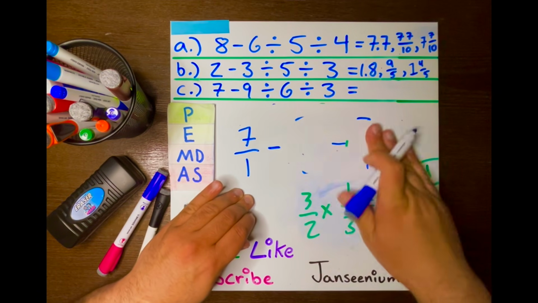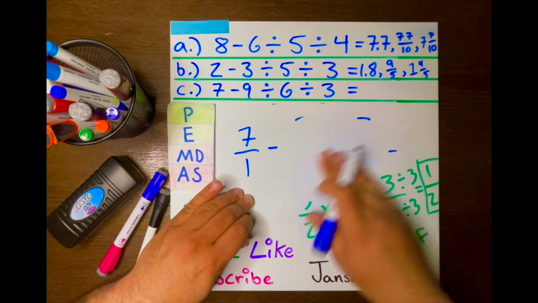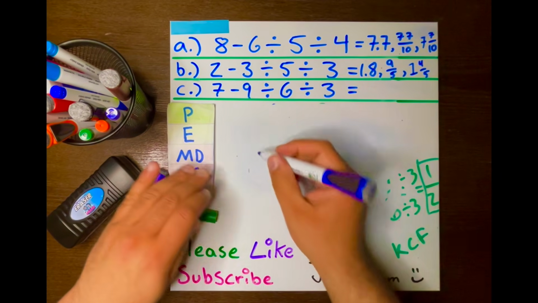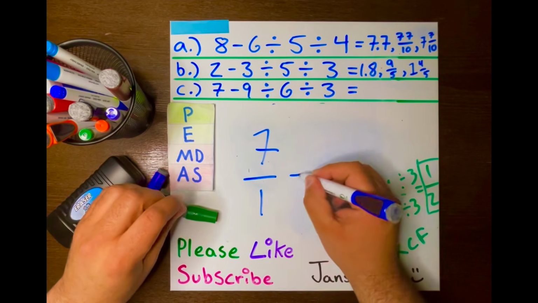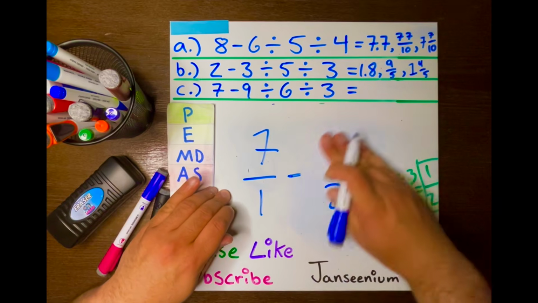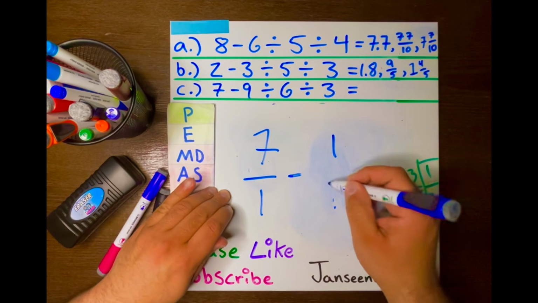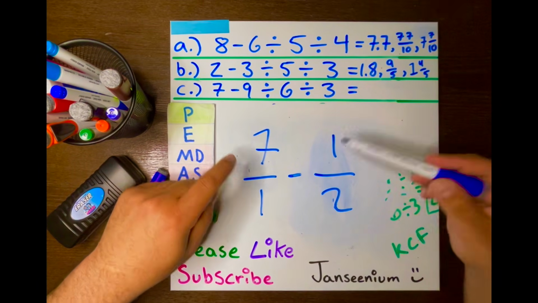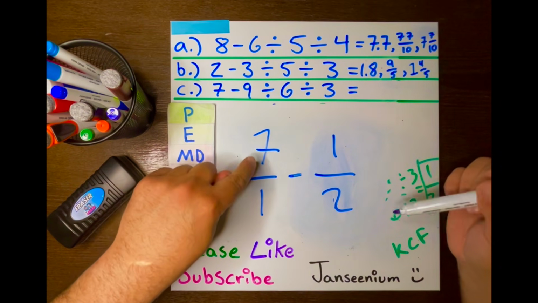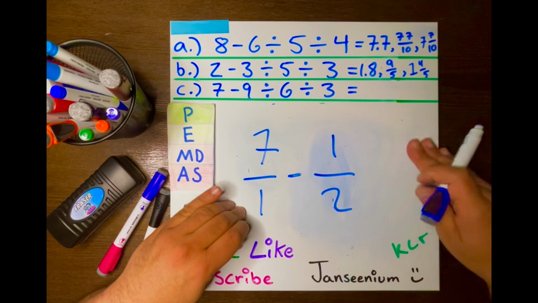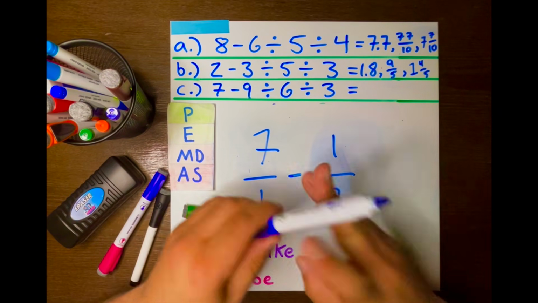Now we're going to erase this for space and write. So let me just write 7 over 1 minus 1 over 2, and notice that the denominators are different. So we're going to use the butterfly method. So we're going to draw 2 wings, 2 antennas, and a body again.